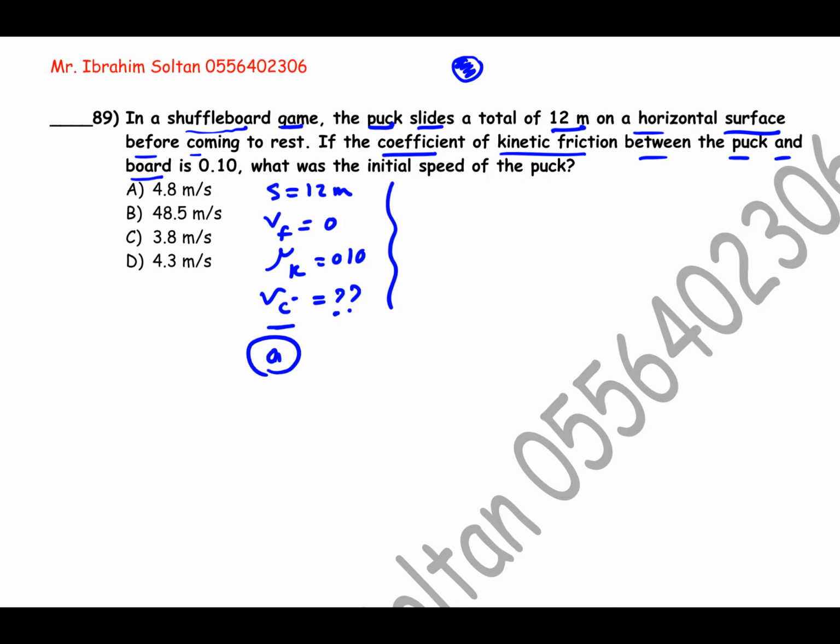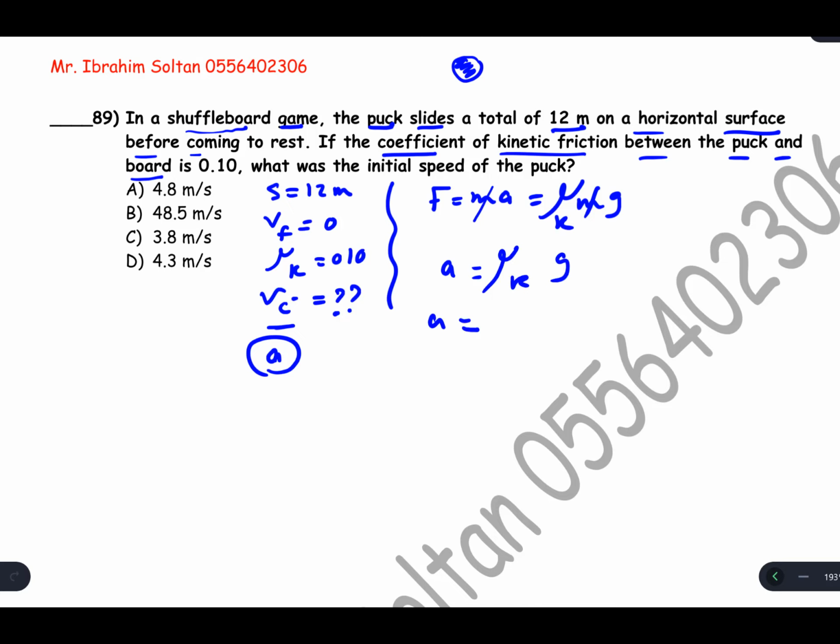You know that F equals ma equals mu k mg. So m goes with m, a equals mu k g, a equals 0.10 times 9.8 equals 0.98 meter per second squared. So v final squared equals v initial squared plus 2as.